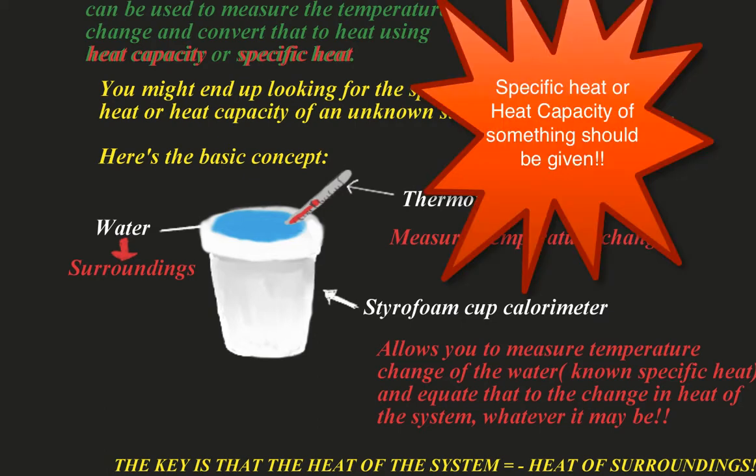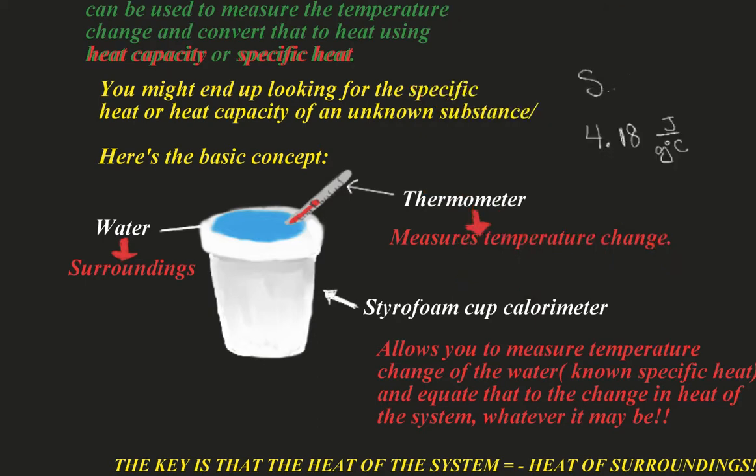Now what we can do is use that known specific heat of water. That's the amount of heat required to raise your sample by 1 degree Celsius if we're looking just at 1 gram, per gram.